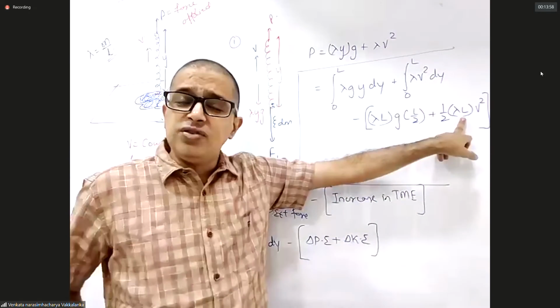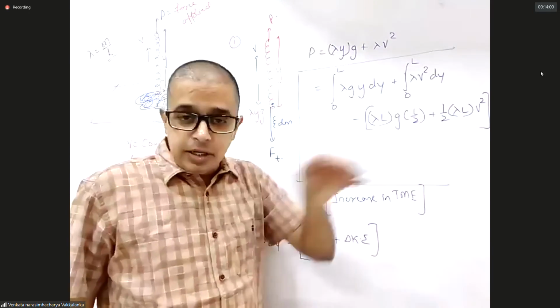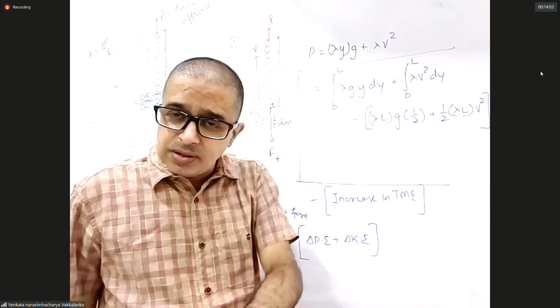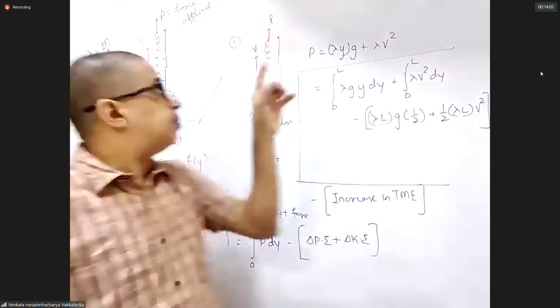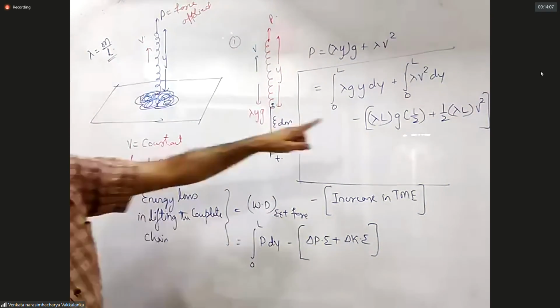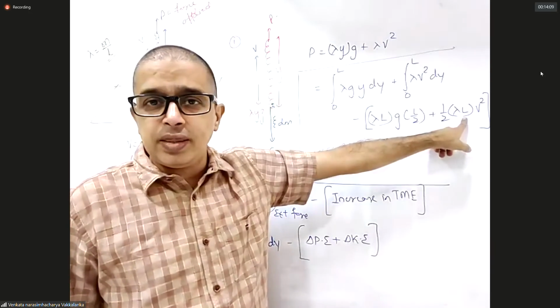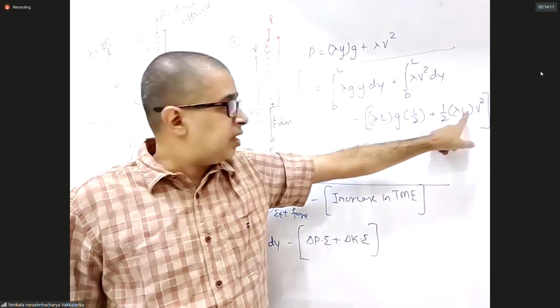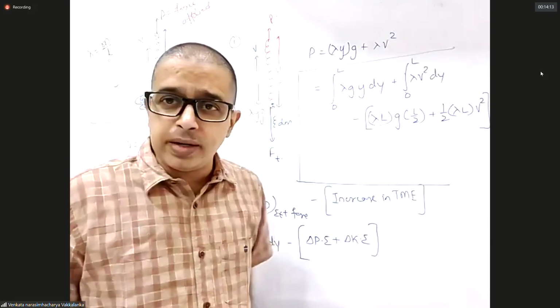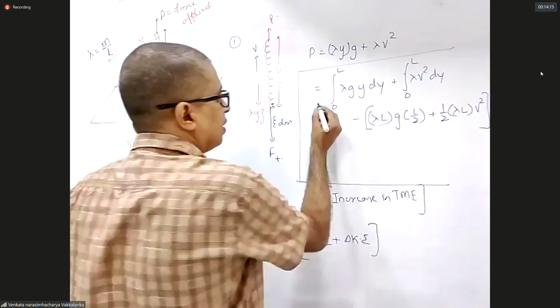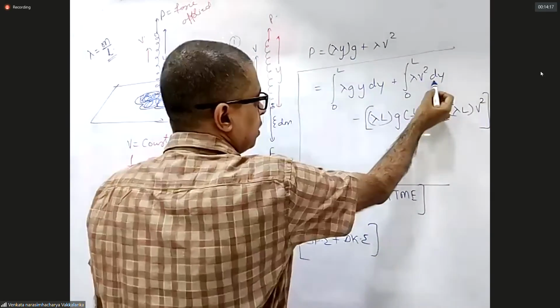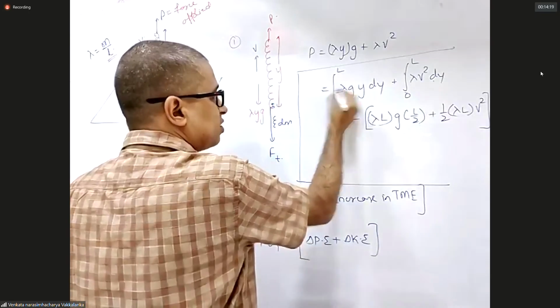How is this the increase in kinetic energy here? Initially, whole of the chain was at rest on the ground. You picked it up and the chain is moving with constant velocity. So whole of the chain is moving with constant velocity. Half lambda L into V square. Right?